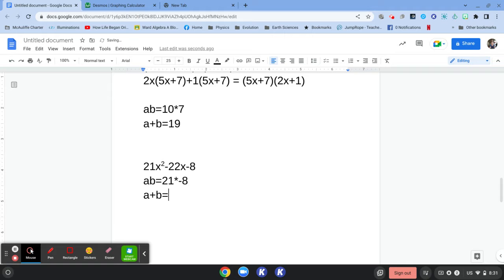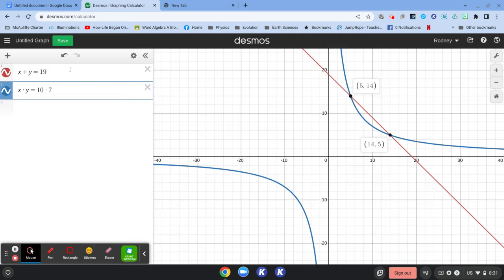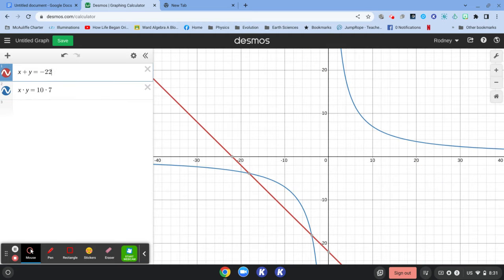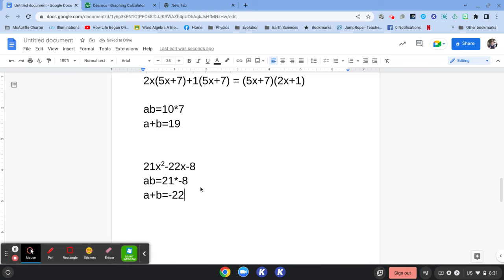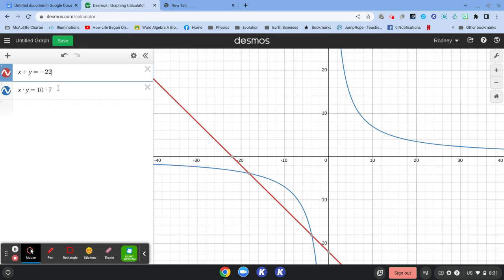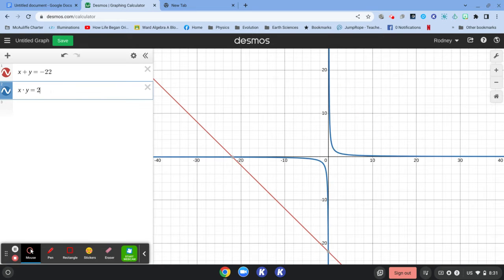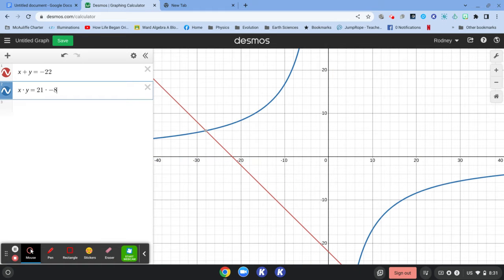And they add up to be negative 22. So we're going to go into Desmos and set that up. They add up to be negative 22, and they multiply to be 21 times negative 8. You could work out what 21 times negative 8 is, but you don't actually need to for this. You can just put it in like a product like that.